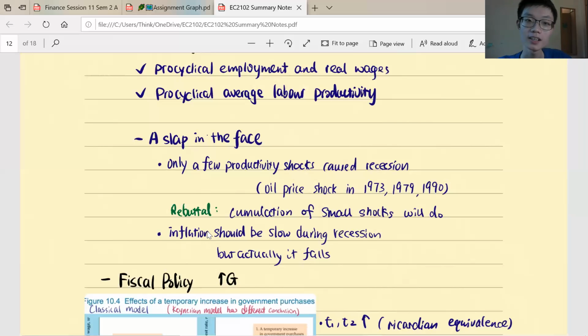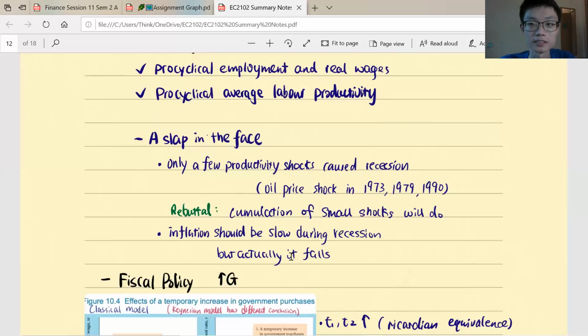So another slap in the face is the inflation. According to the RBC's theory, inflation should be slow during recession. Inflation will grow, the price will be higher, but it should be growing slowly.